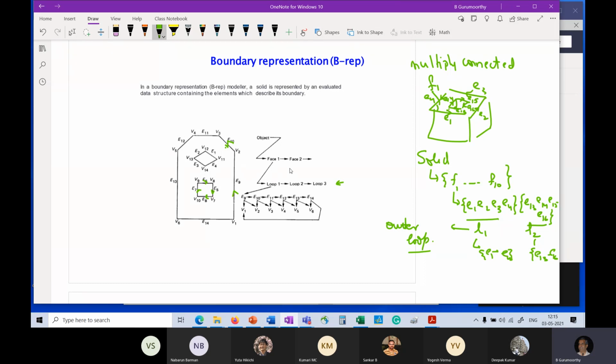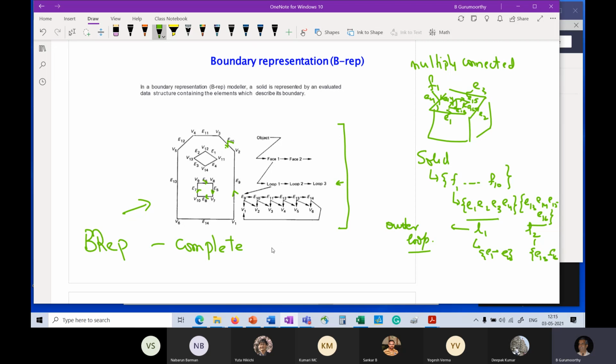Okay. So that's an addition to account for multiply connected objects, but together this constitutes the boundary representation now for multiply connected objects. So the BREP, as represented here or in the previous slide for the simply connected object, is in some sense complete, meaning it's a complete representation.